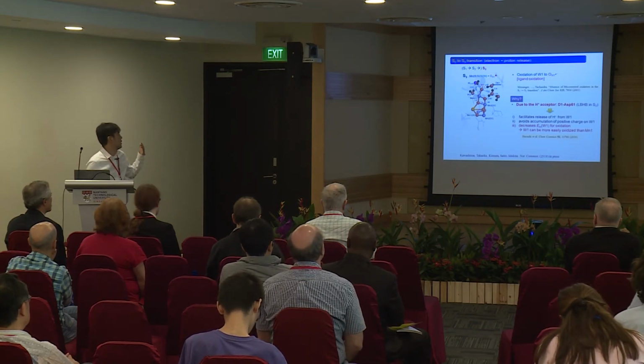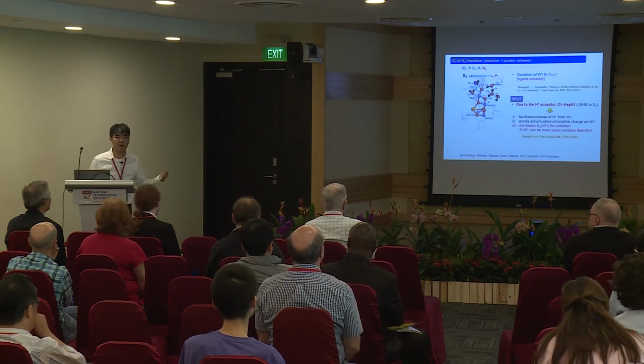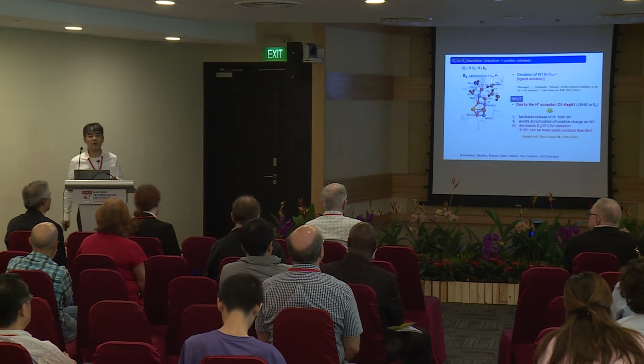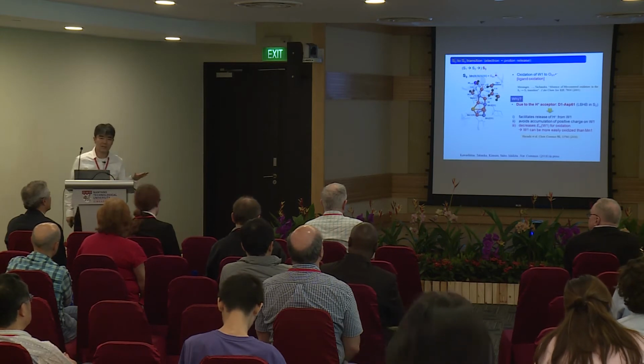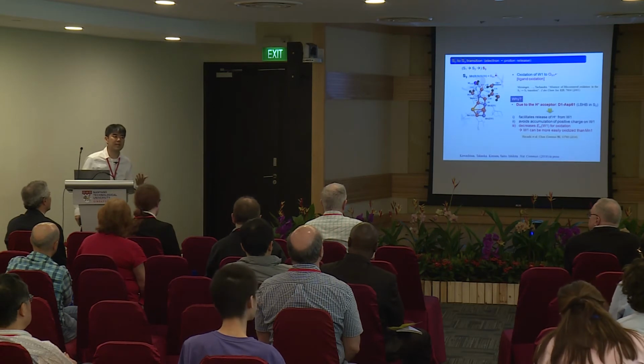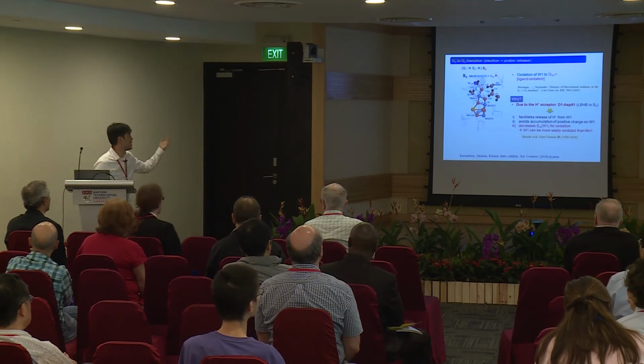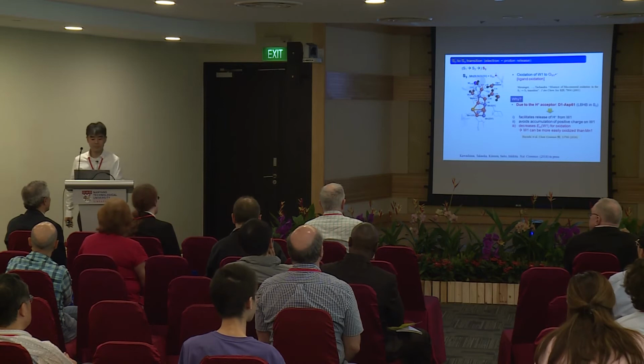And this is why W1 can be more easily oxidized than manganese 1 in the S2 to S3 transition. And I didn't observe formation of the tyrosine Z radical in this case, which indicates the redox potential value of tyrosine Z is still higher than that of W1.